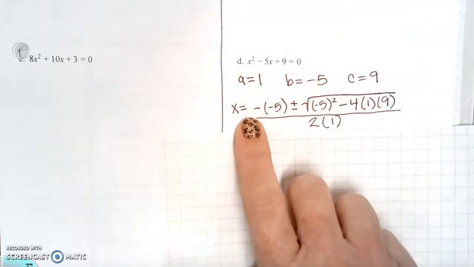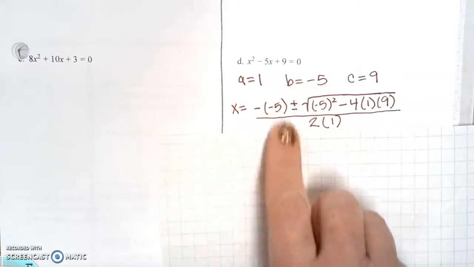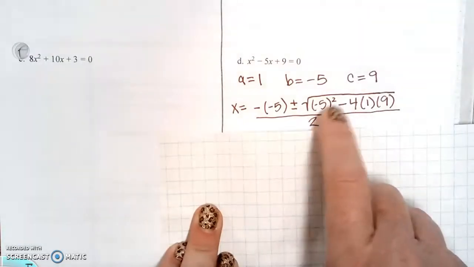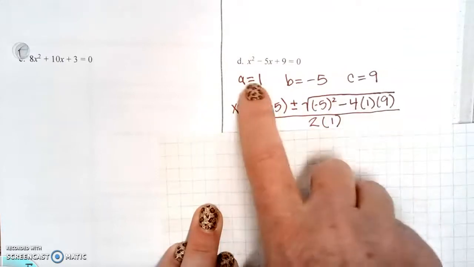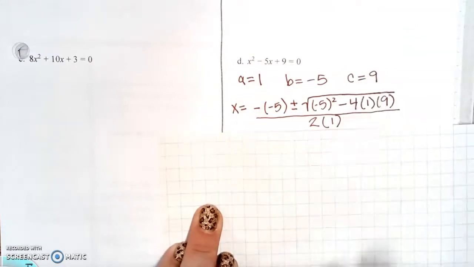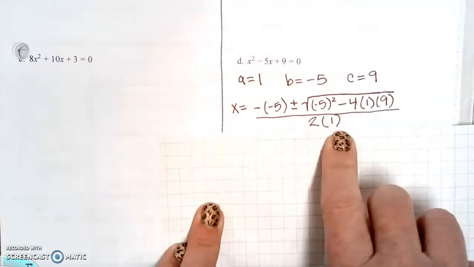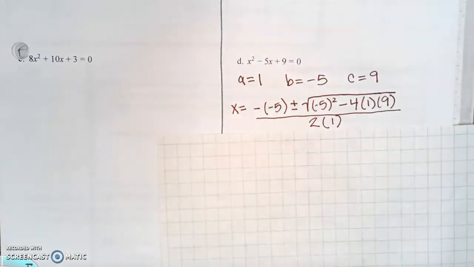We have x equals negative b, which is negative 5, plus or minus the square root of b squared, b is negative 5, minus 4 times a, which is 1, times c, which is 9, all over 2a, which is 1. Okay? So everything's plugged in, nice and neat. And now on the next step is where we can simplify.